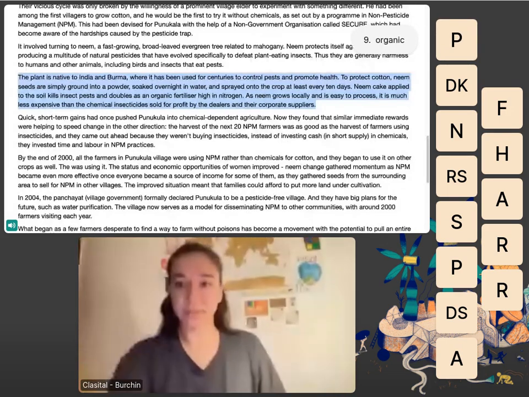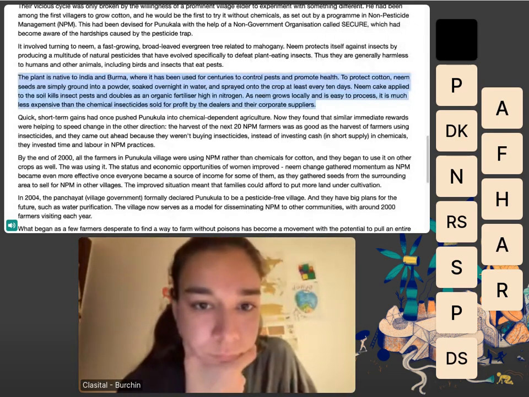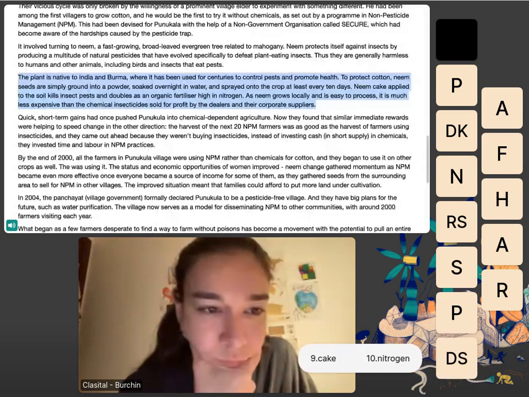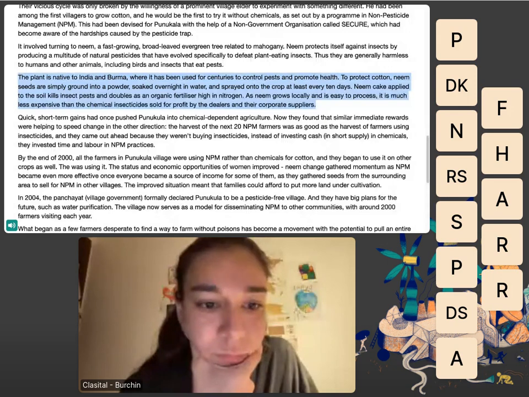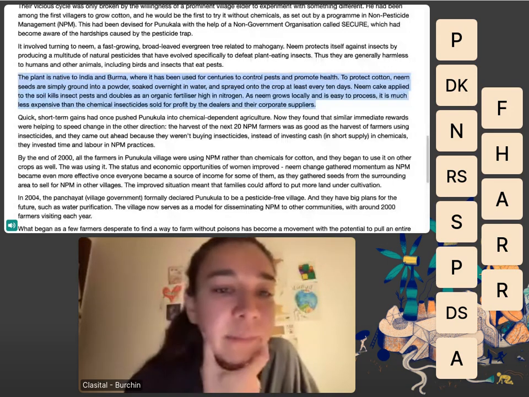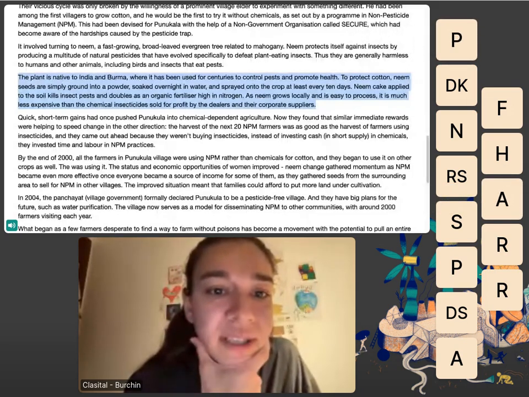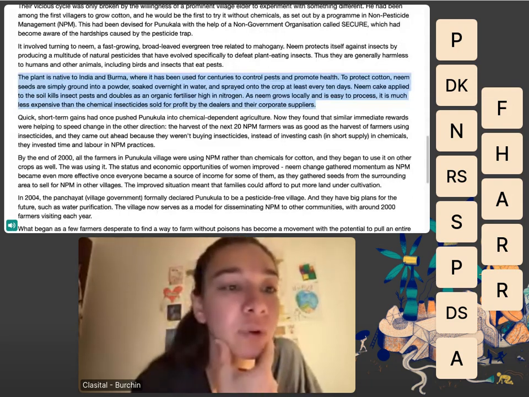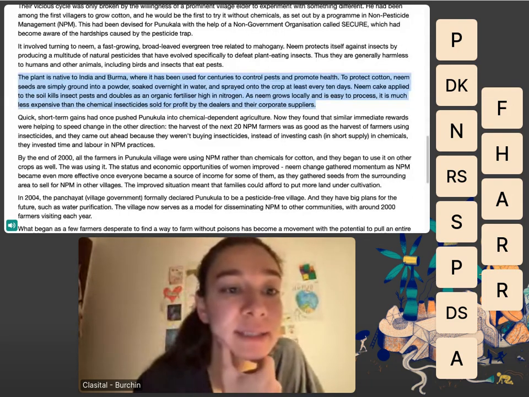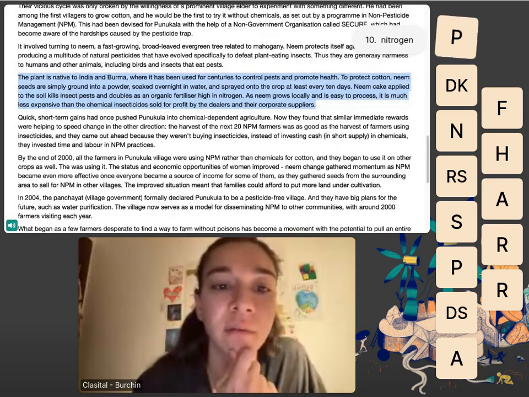Very good, Rajesh. Organic? Where did you see the organic one? It says neem cake applied to the soil kills insects, pests, and doubles as an organic fertilizer high in nitrogen.